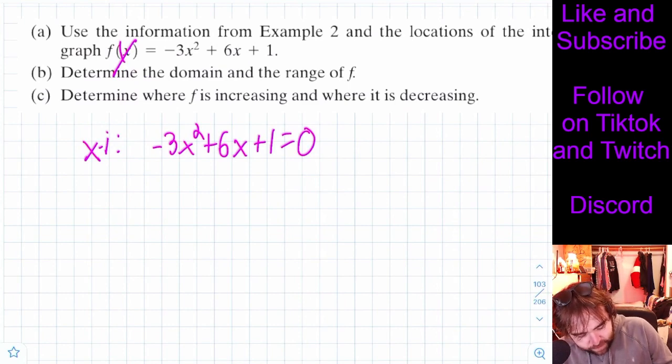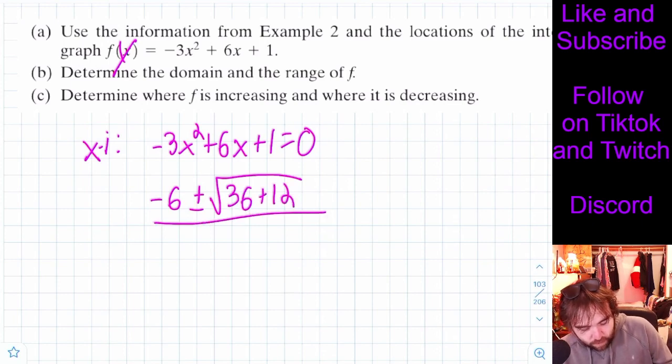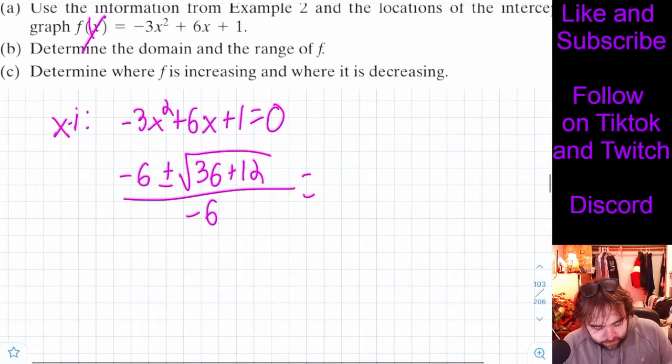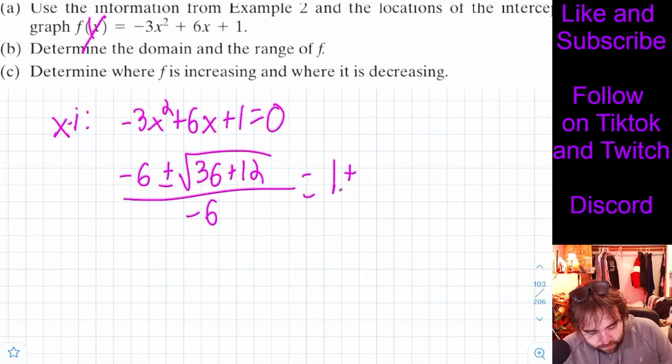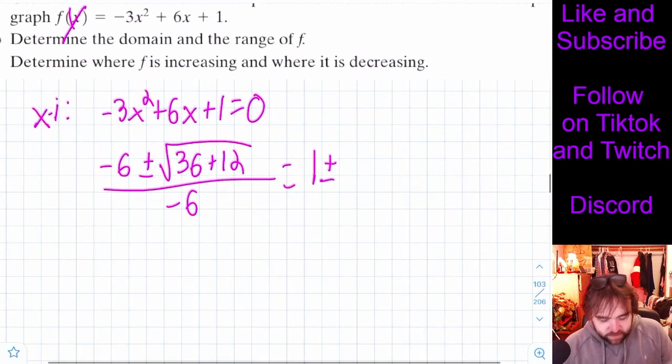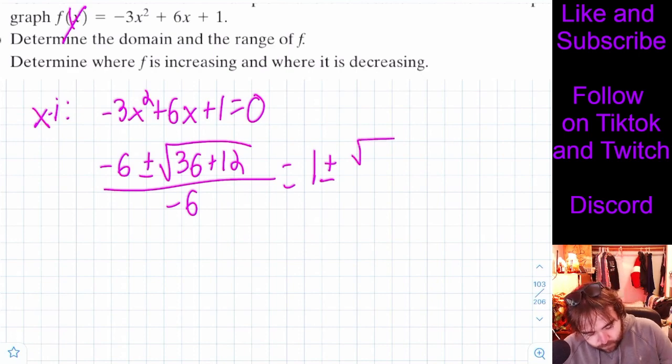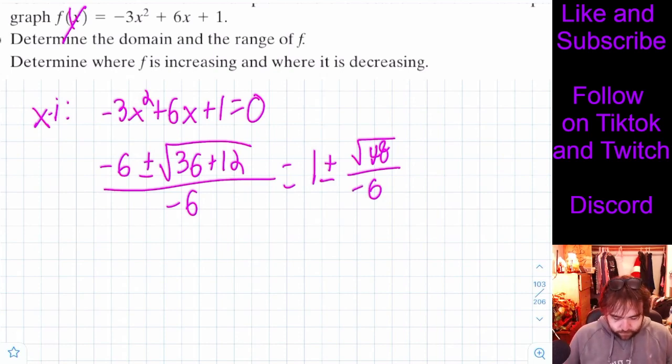So then we would use the quadratic formula, which is fine. So what is that then? Negative b plus or minus the square root of b squared minus 4ac over 2a. Okay, that's fine. So let's simplify it. Go 1 plus or minus, what is that? Root 48 over negative 6.